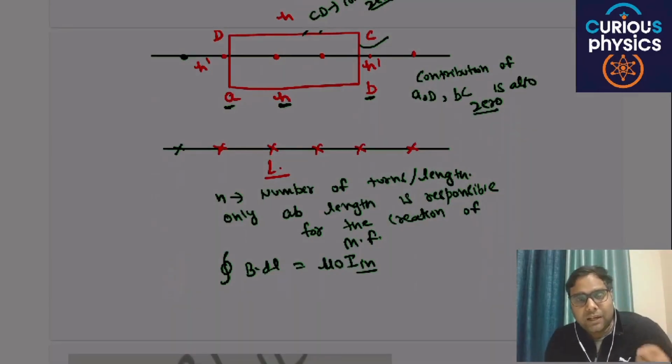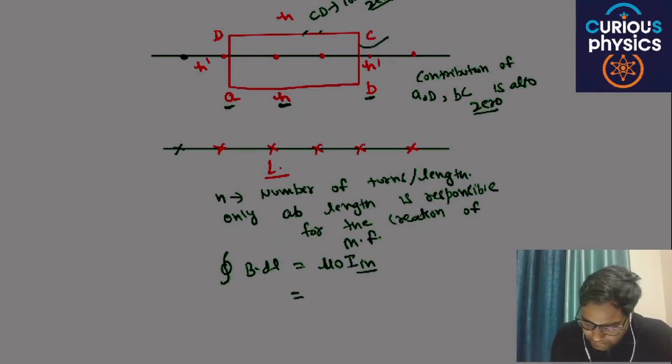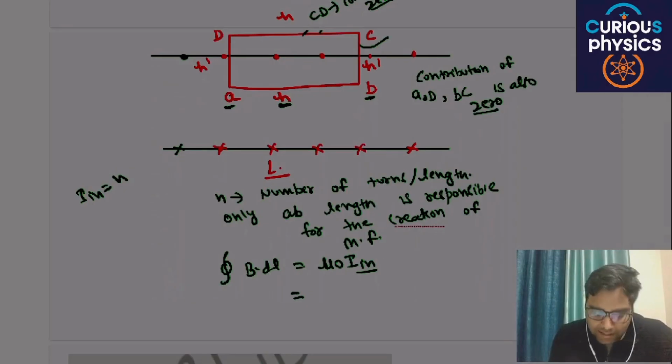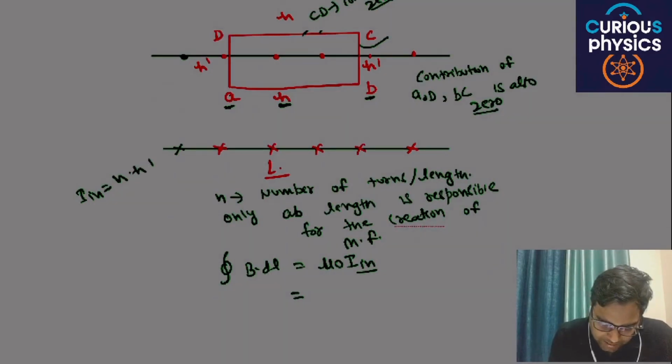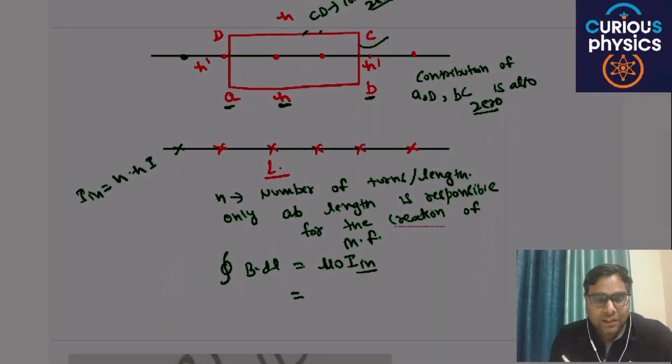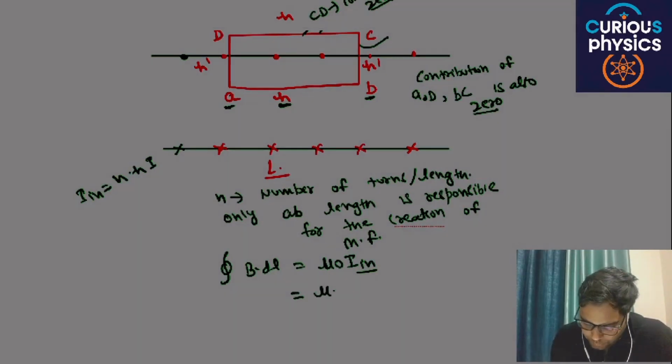Then what current will pass through this h? You have to understand how to get I in. n is the total number of turns per unit length. Here the length is h and I is the current through each turn. The total current will be n I into h, so mu naught n h into I.